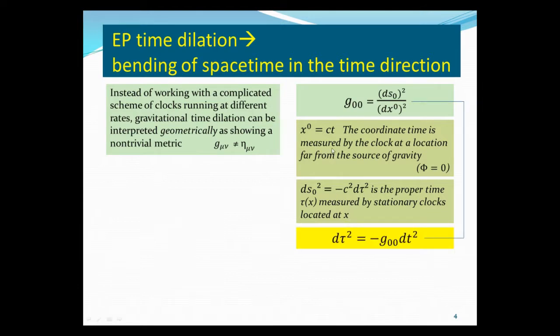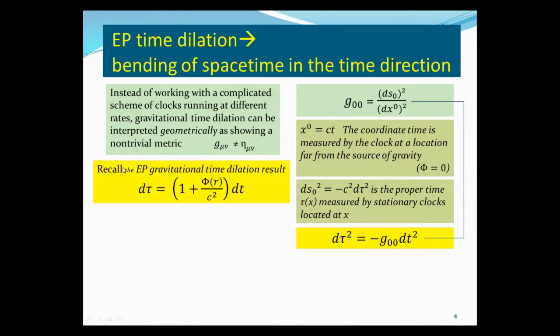Now if we replace x naught by ct here, and replace ds by the proper time, then this relation can be expressed as the proper time interval squared equal to minus g00 times the coordinate time squared.